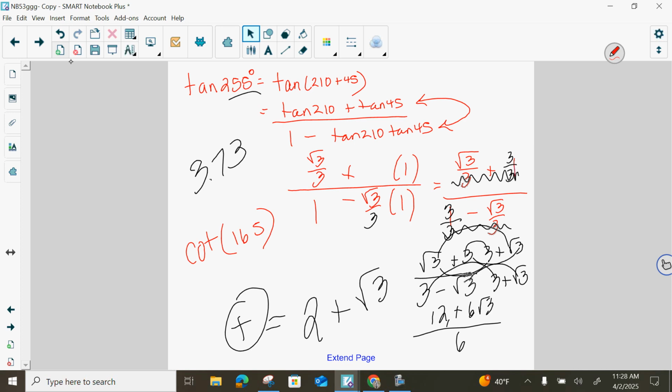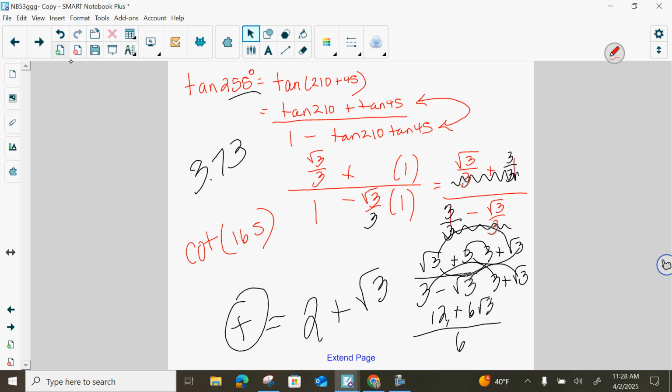Can I do 180 minus 15? 180, 15. Why not, Donovan? I don't want to use quadrantals, but the bigger problem's the 15. 15's not good.